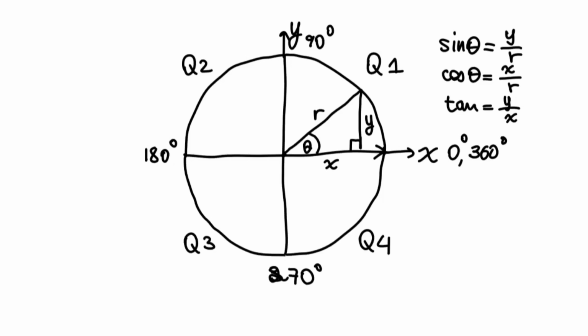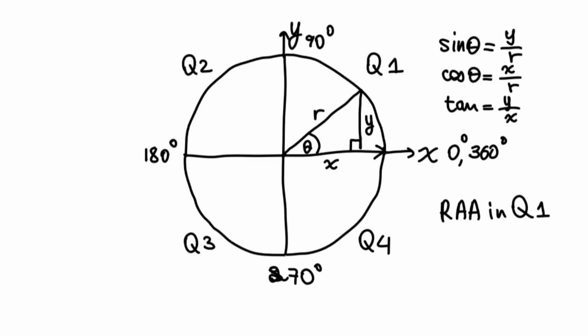The theta angle is called the related acute angle, and it's located in quadrant 1. In fact, any angle in quadrant 1 is a related acute angle.